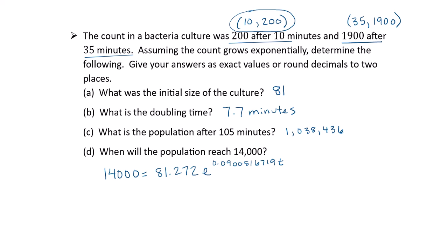So I'm going to divide both sides by 81.272 first. And on the other side, that will leave me with e to the k value. Now I can put this into natural log form.